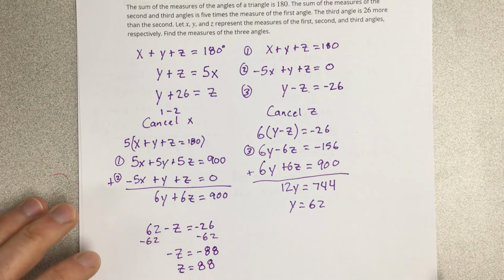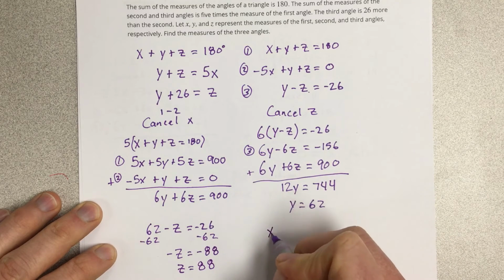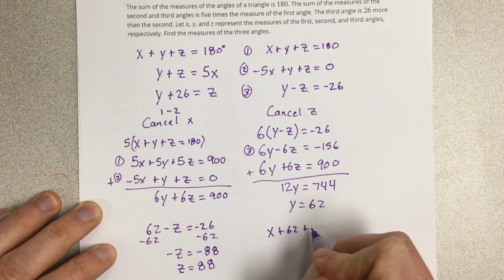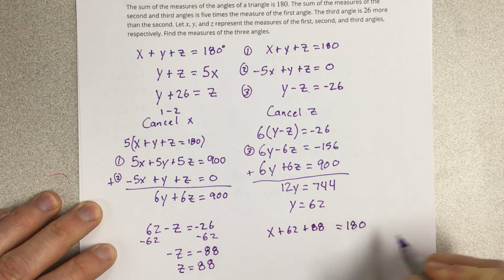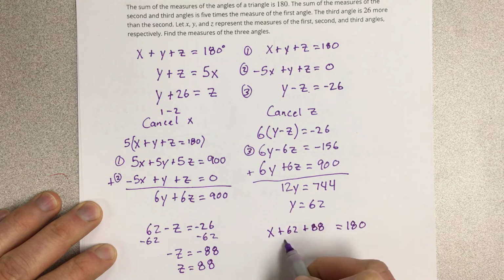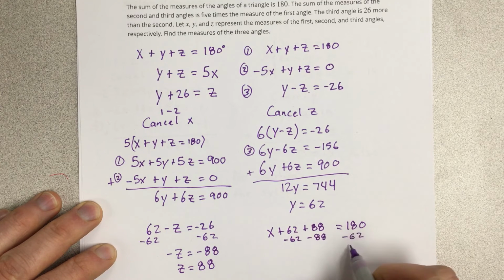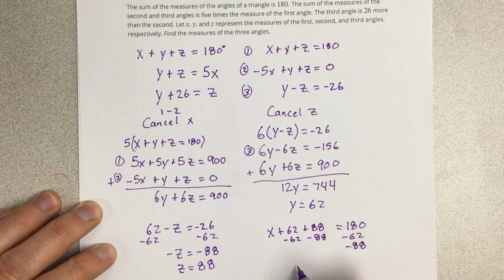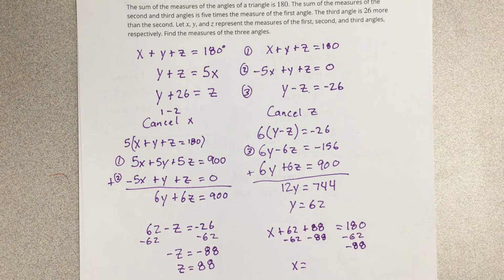And then I can find the last piece by taking x plus y plus z and saying x plus 62 plus 88 is equal to 180. I subtract both of these on the other side, and x would equal 180 minus 62 minus 88, which is 30.